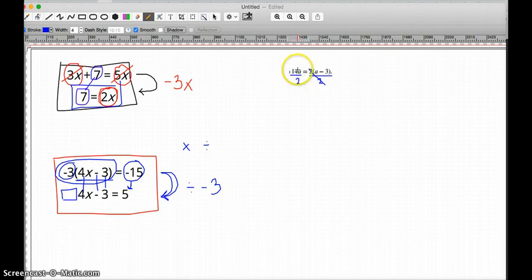So 14a's divided by 2 is only going to leave us with 7a's. Picture those hangers again. If you have 14 hangers of one, and you're going to split it in half, now you have 7 of them. Okay, so 7a is going to equal, well, 2 divided by 2 is just 1, so we don't have to write that. So it's just going to equal a minus 3.